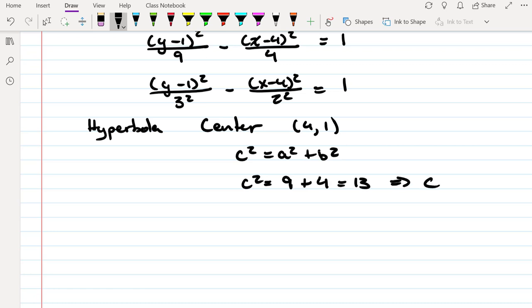So we get c equals plus or minus the square root of 13. And we have that our asymptotes are at y equals plus or minus 3 over 2 x.